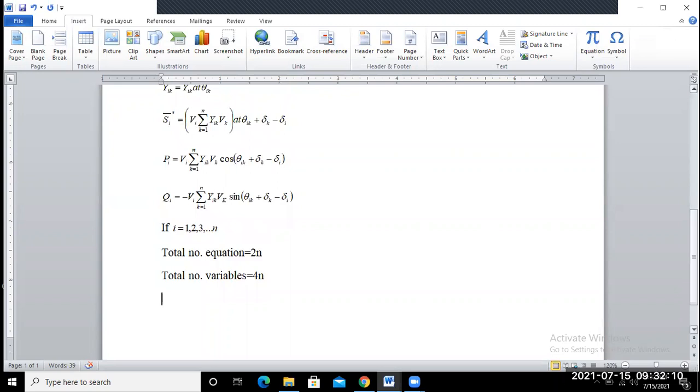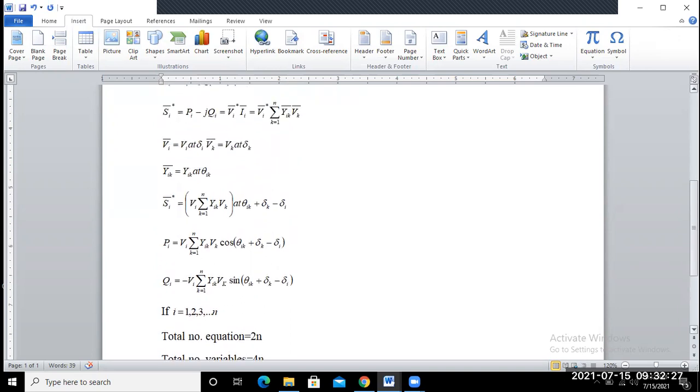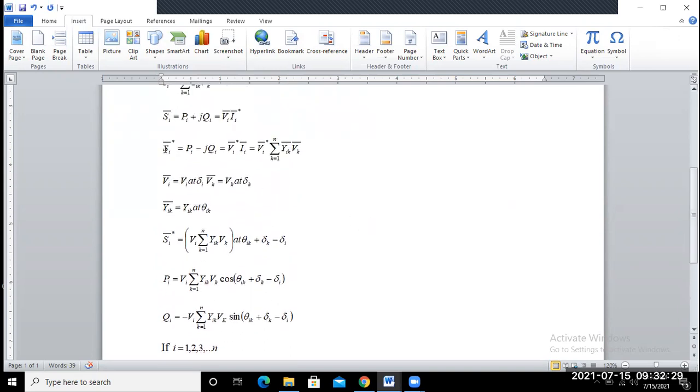So how can we write this equation in terms of the Gauss-Seidel method for VI? Assume this equation: SI complex conjugate equal to PI minus JQI. Now if you want to find VI from this equation, how can we write II?